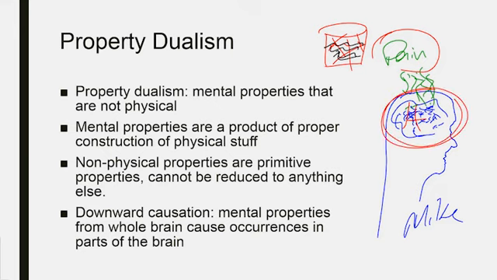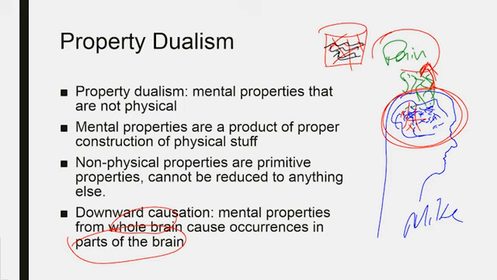The brain as a whole gives rise to pain. And the product of it giving rise to pain is that it makes things happen in certain areas of the brain, in parts of the brain, but not in others. That's what we call downward causation, downward from the whole brain to parts of the brain.